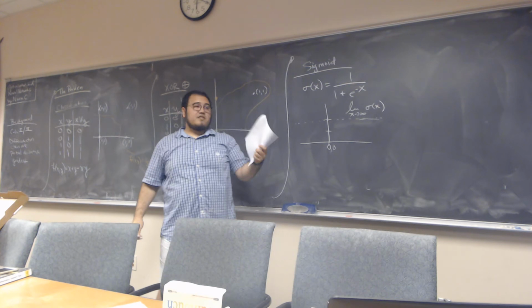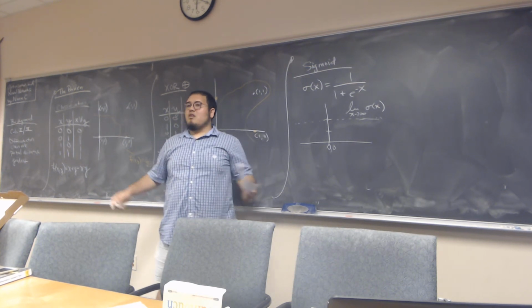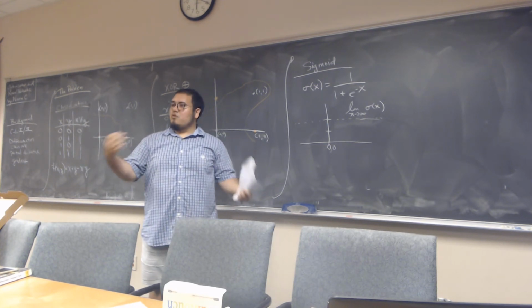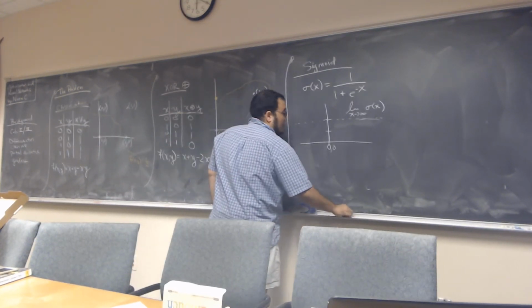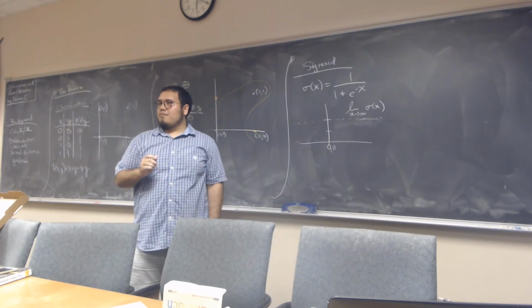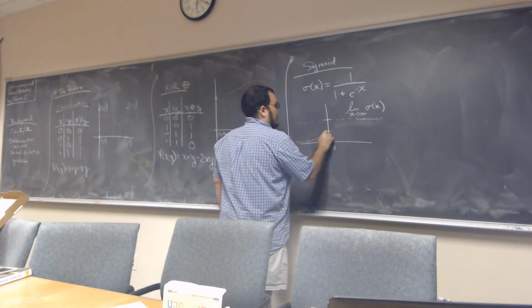As x approaches negative infinity, e to the negative x blows up, and we get 1 divided by some huge number, which is 0. Good. Now where does it cross the y-axis? 1/2. Great. It looks something like this.